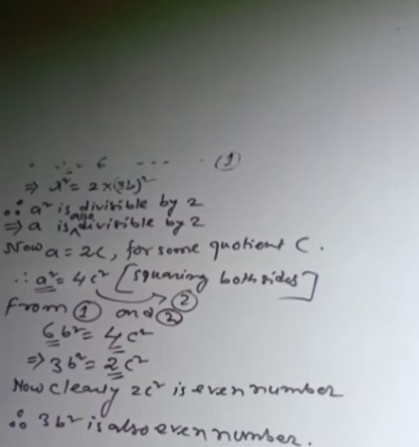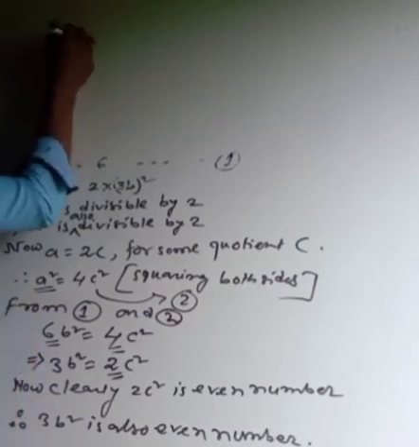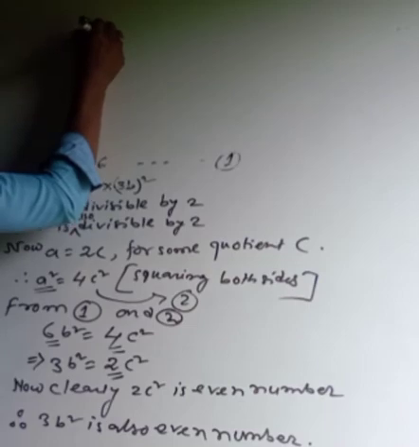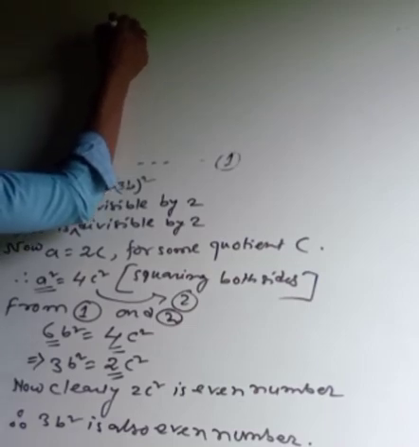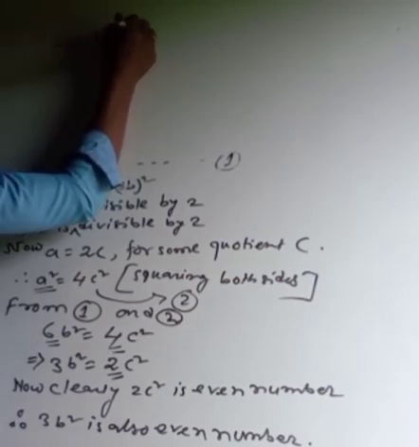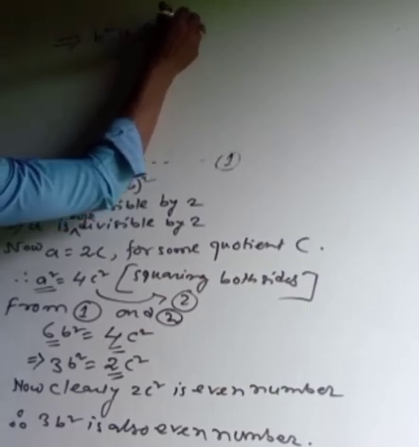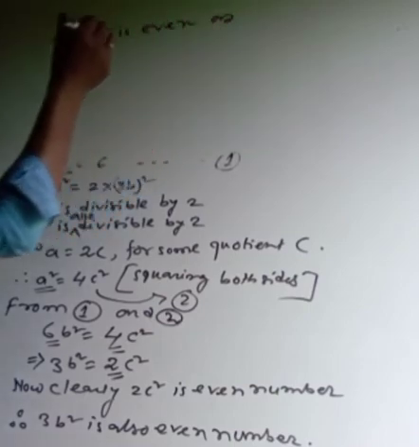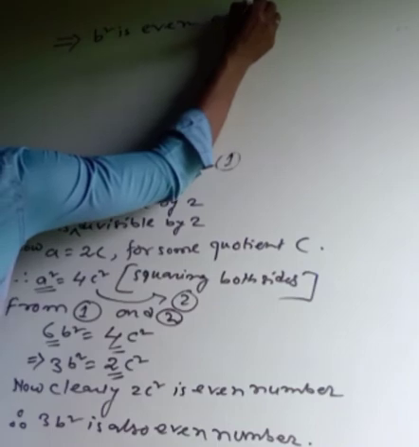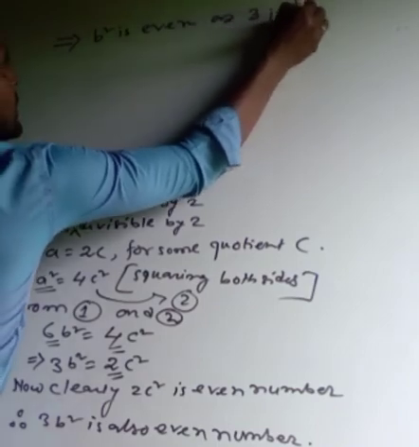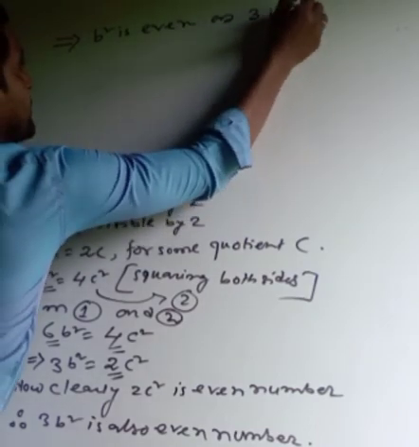So 3b square is an even number means what? Which implies b square is even, as 3 is an odd number.